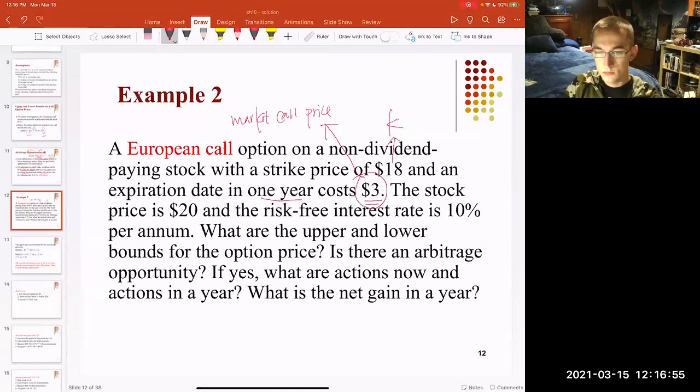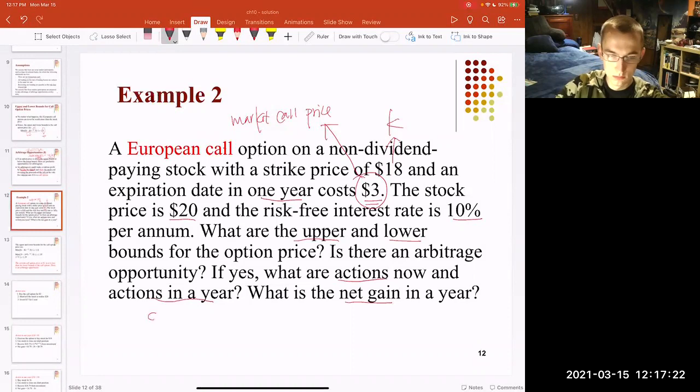The stock price is 20, and the risk-free rate is 10%. What are the upper and lower bounds for the option price? Is there an arbitrage opportunity? If yes, what are the action now and the action in a year? What is the net gain? Okay, so we have 4 questions.